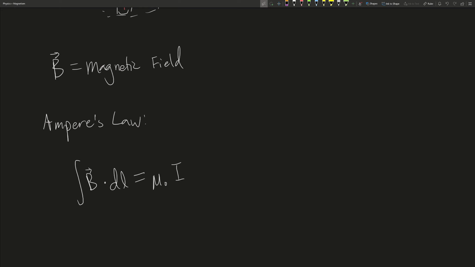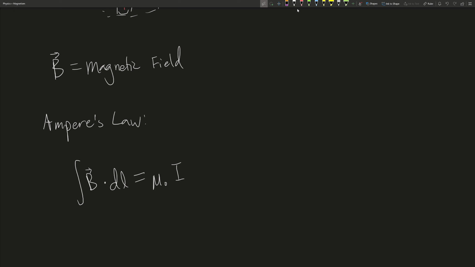So again, this is the line integral around a closed path of B dotted with dl, which is equal to vacuum permeability times current.